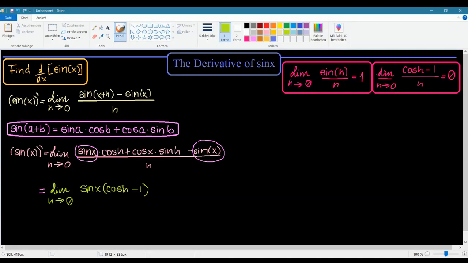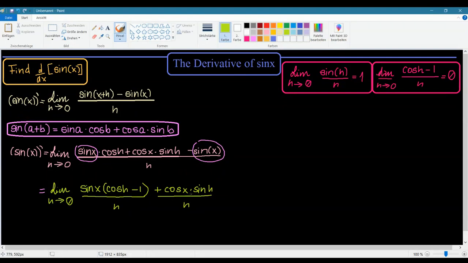And if we multiplied that out, we would get sine x times cosine h minus sine x, right? So it checks out. And all of that over h. Well, now we have this right here. What do we do here? For now, let's just leave it as cosine x times sine h over h.